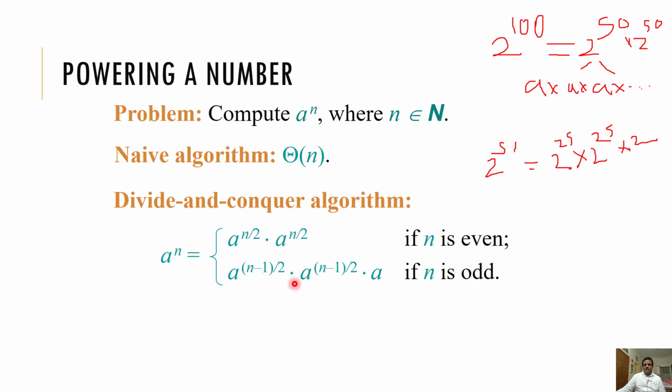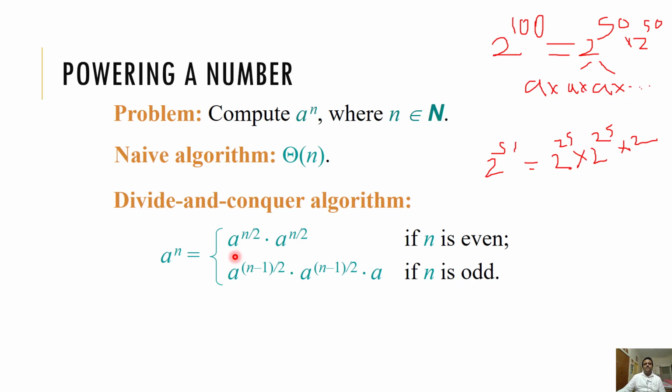That is also a divide step, because we reduce the problem into lesser size, of order n by 2, since it is just half, lower ceiling or upper ceiling. So that is also order of n by 2. The only thing is we need to use this formula if n is odd. So this is the divide and conquer formula for doing this.